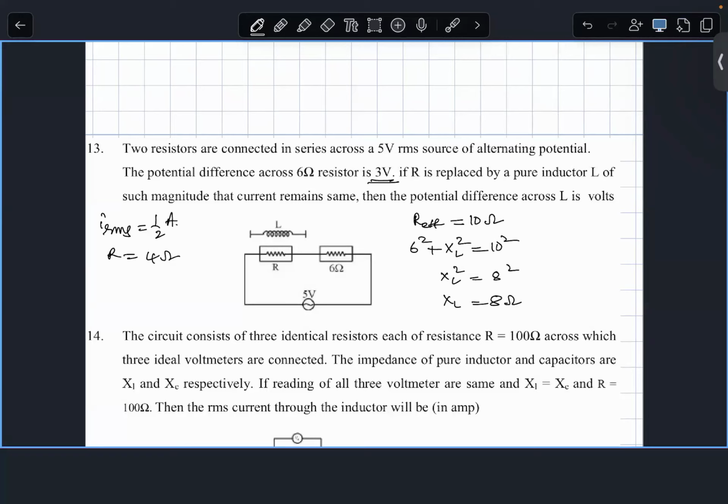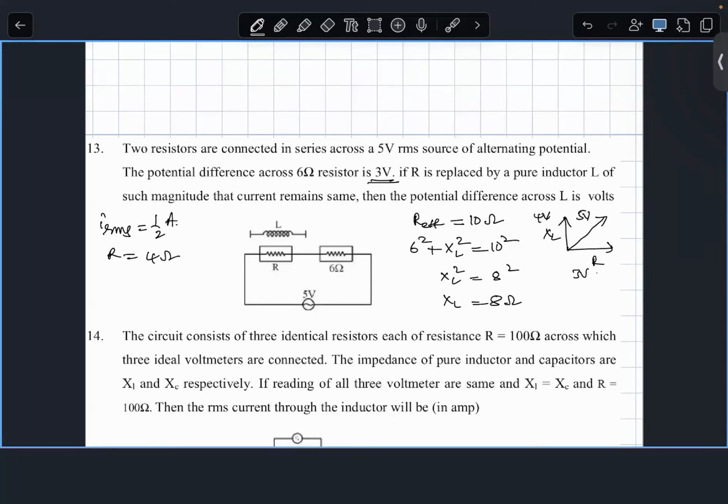Then the potential difference across L in volts is very simple, XL by the total, times 5 volts, which is 4 volts.